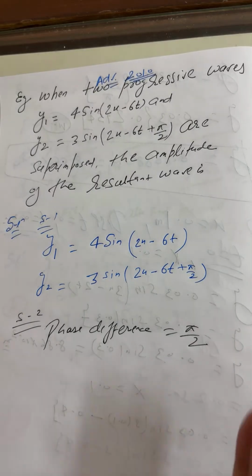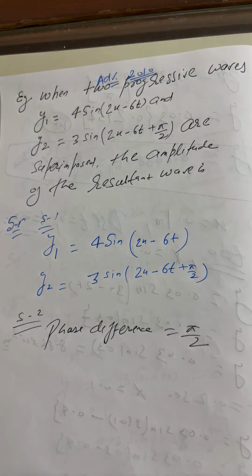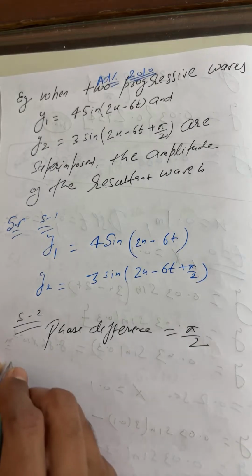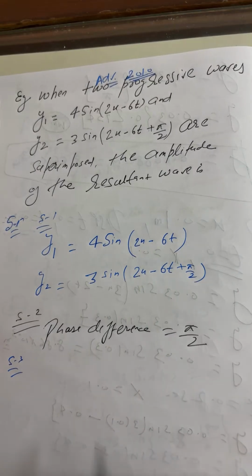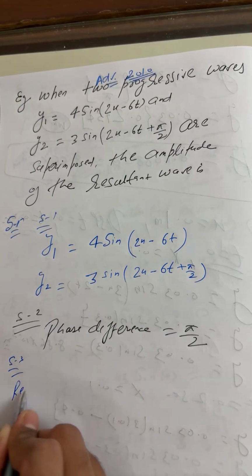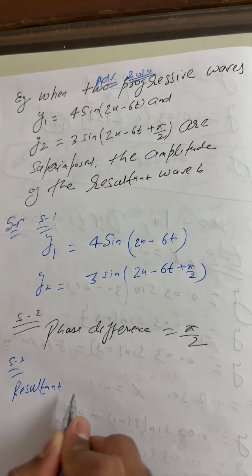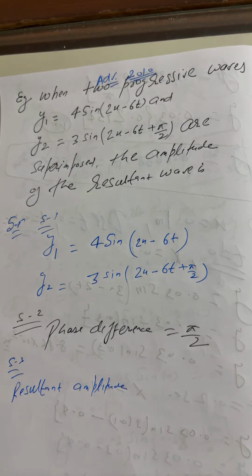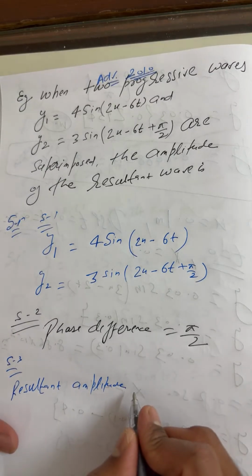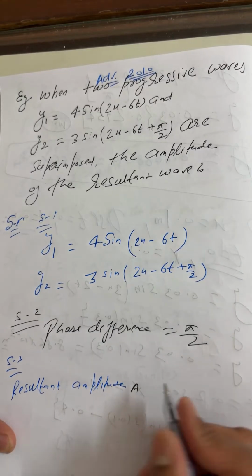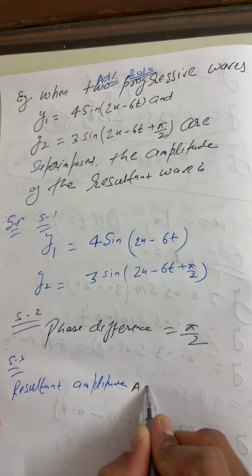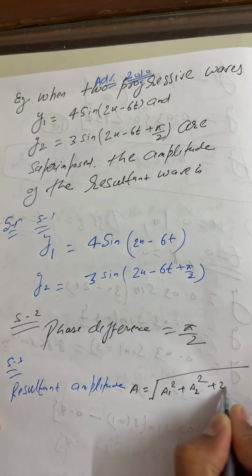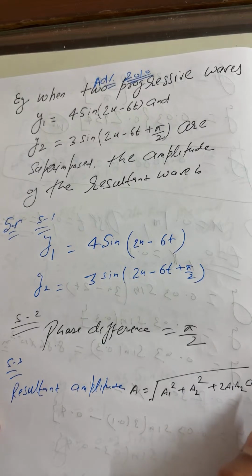For two waves superimposing each other, you can apply the formula for resultant amplitude, which is the summation of two vectors: a1 square plus a2 square plus 2 a1 a2 cos phi.